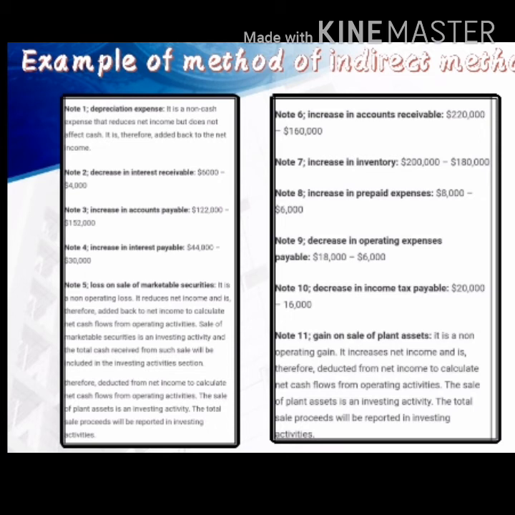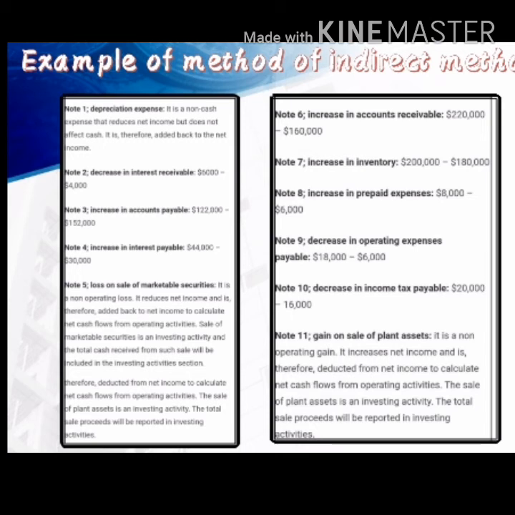So next, number 8, the increase in prepaid expenses. Here, prepaid expenses are under the current assets on the balance sheet. So we should calculate the ending balance of the prepaid expenses, which is $8,000, minus the beginning balance of the prepaid expenses, which is $2,000.